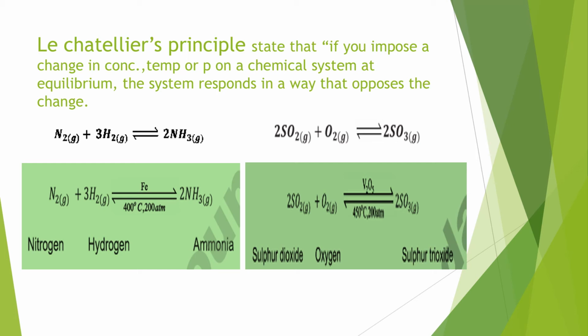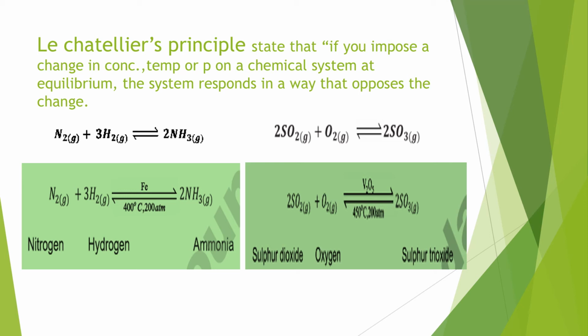Both these reactions are reversible reactions. It means as ammonia is formed, it again decomposes into its constituents, nitrogen and hydrogen. In the same way, when sulfur trioxide is formed, it again decomposes into sulfur dioxide and oxygen.